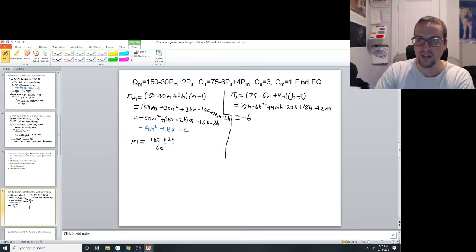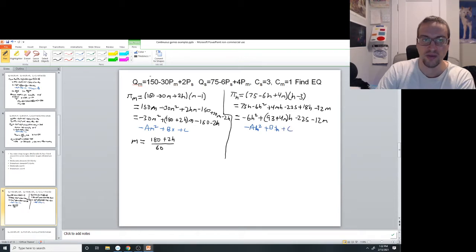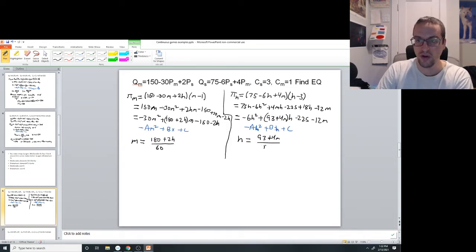I've got negative 6h squared, plus 75 plus 18, that's 93, plus 93 plus 4m, all times quantity h, minus 225 minus 12m. Again, we have negative ah squared plus bh plus c. So my h max is going to be when I have 93 plus 4m over 12.